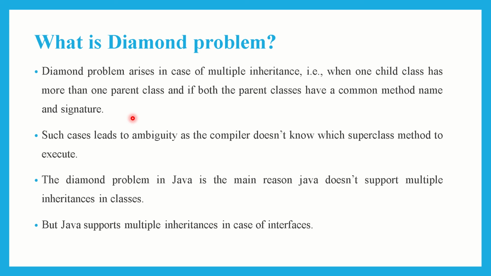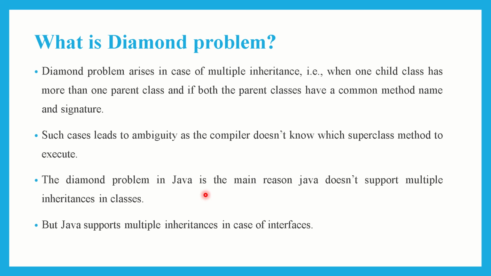In that case, such situations lead to ambiguity for the compiler, because the compiler doesn't know which superclass method to execute. From class C we will try to execute a method, but the compiler will not know which method, because both parent classes have the same name and same signature. This will lead to ambiguity.